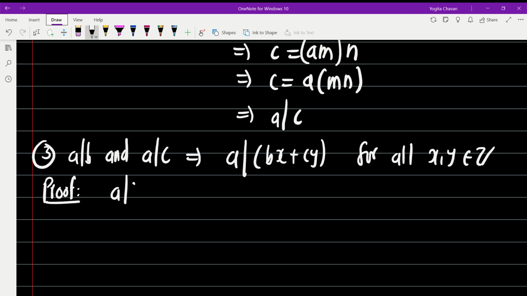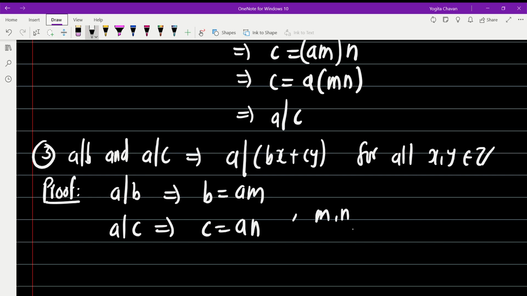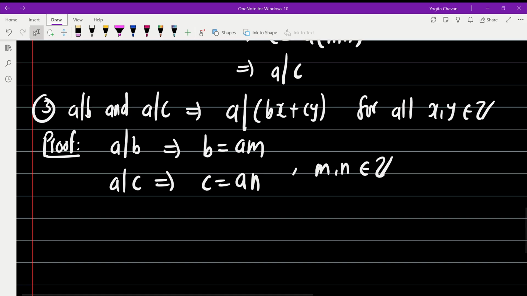A divides B implies B is equal to A into m, and A divides C. This implies C is equal to A into n, where m, n both are integers. Now B equal to Am, C equal to An. Therefore, what is Bx plus Cy?